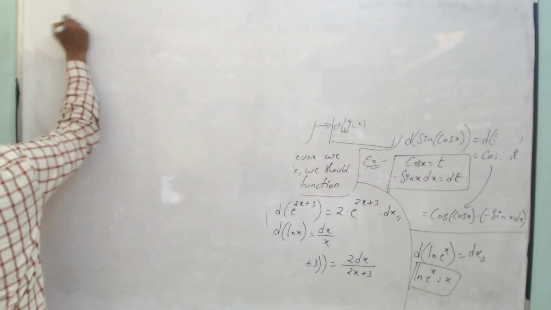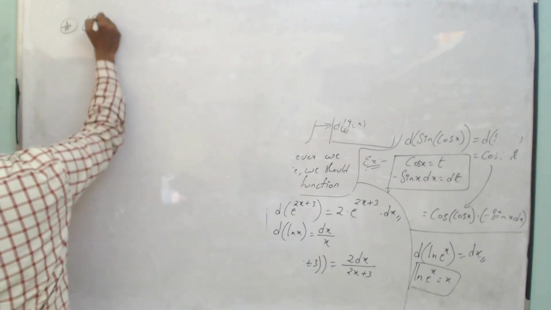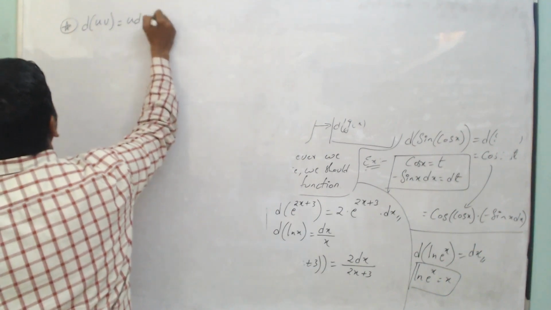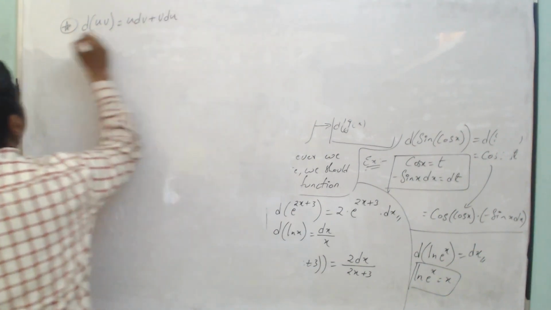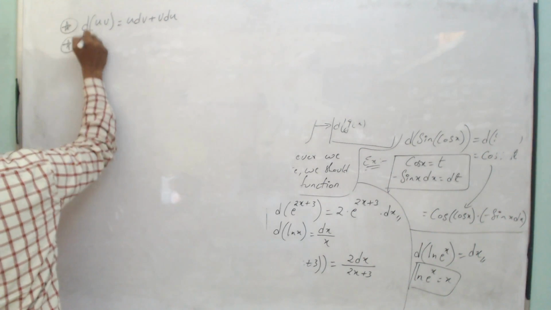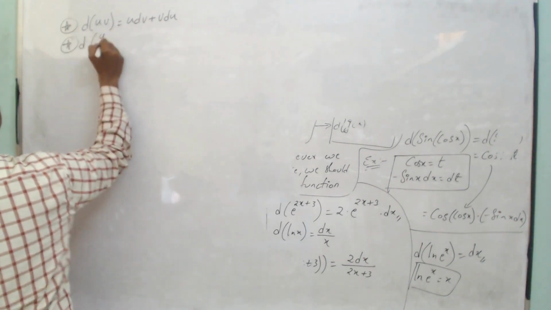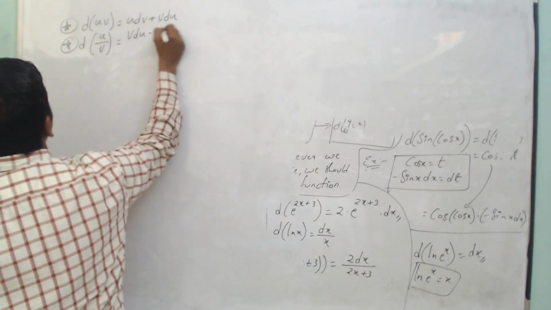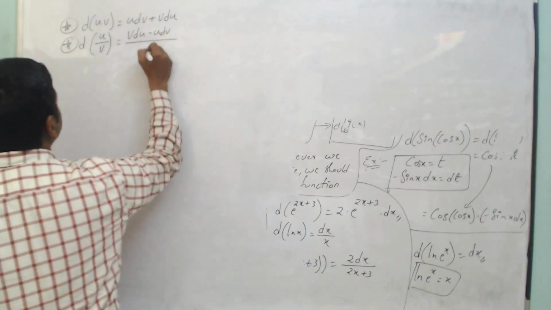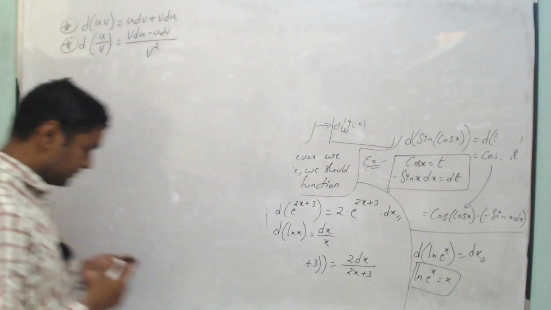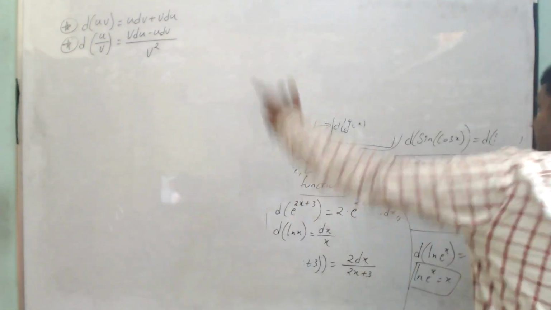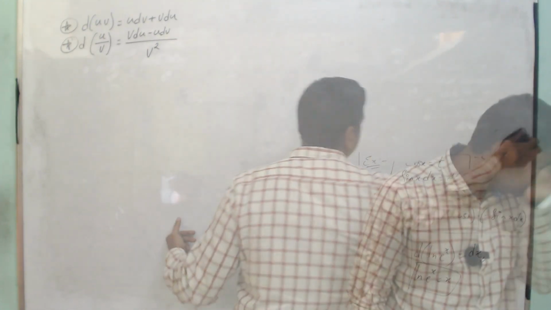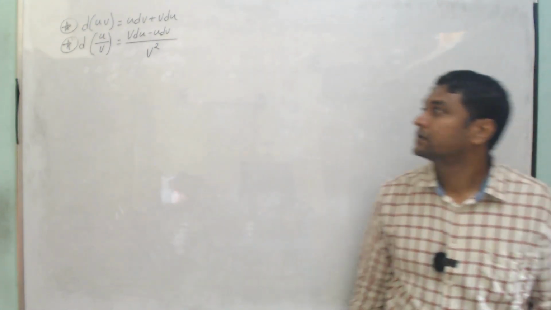Just two more things: the differential of UV is U dV plus V dU, and the differential of U by V is V dU minus U dV divided by V square. Right? Take that down.